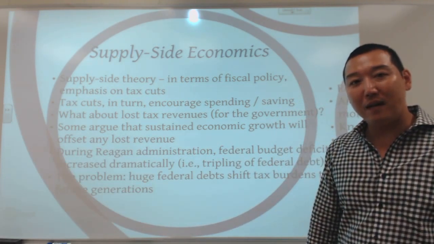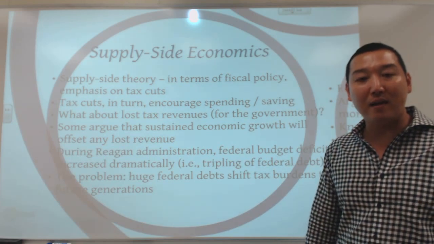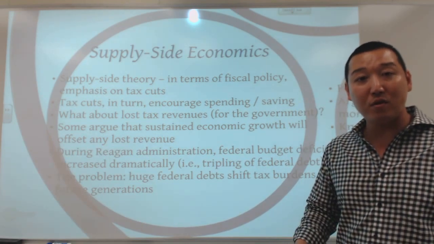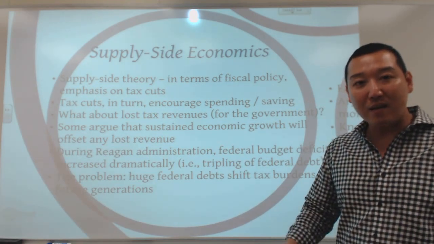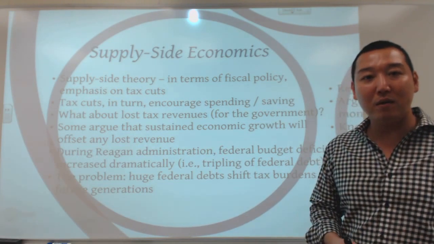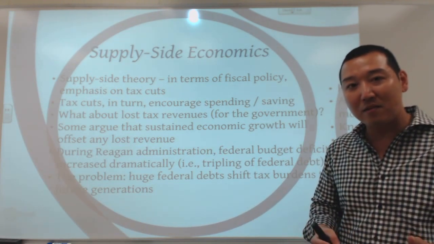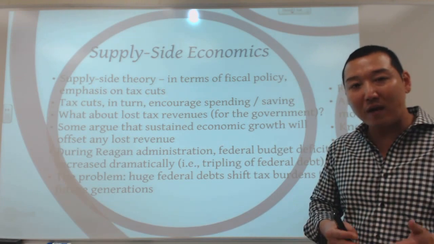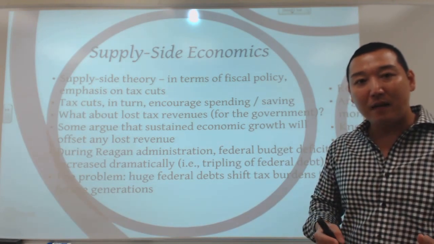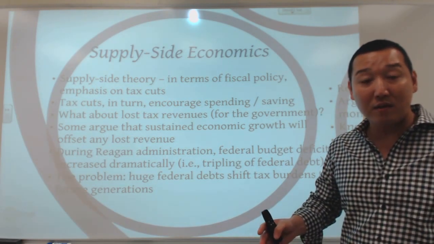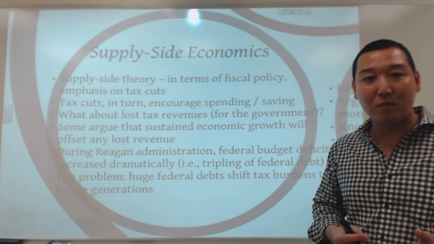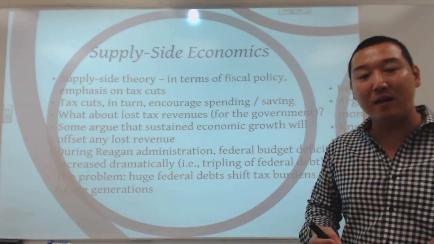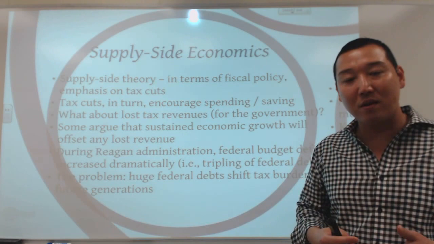And so the Reagan administration will point out that they actually did in fact increase revenues, but of course you have Keynesian theorists who come in and say, well, you have to look at the type of tax. So it's true that the Reagan administration did cut income taxes, but they also increased payroll taxes, which might explain why government revenue actually increased as a result of the tax cuts.